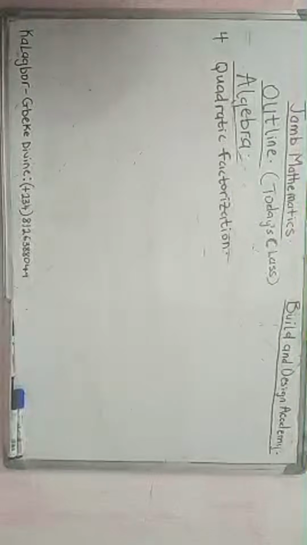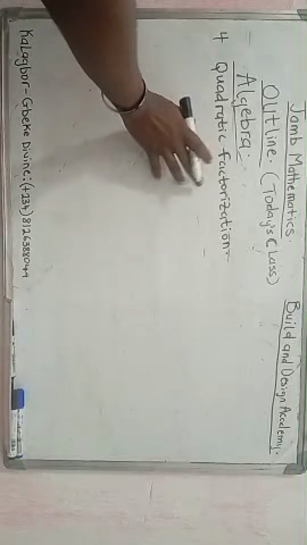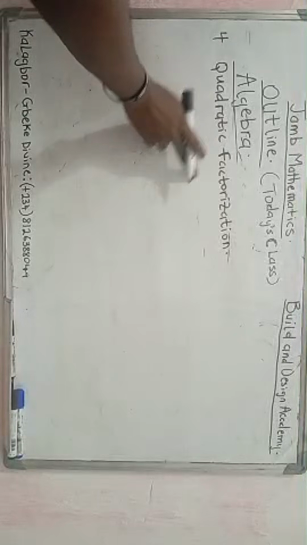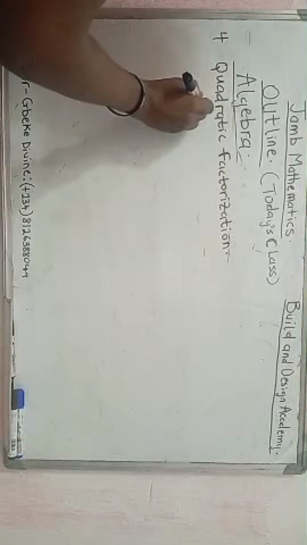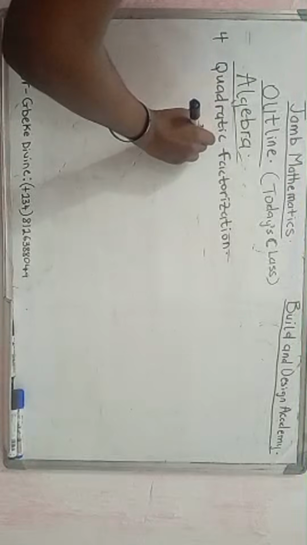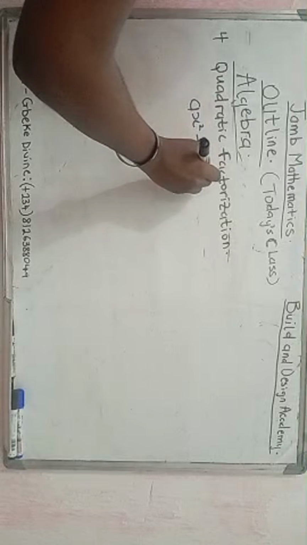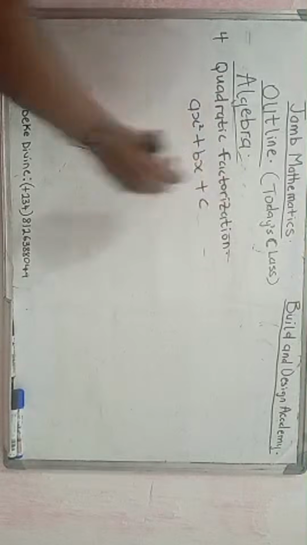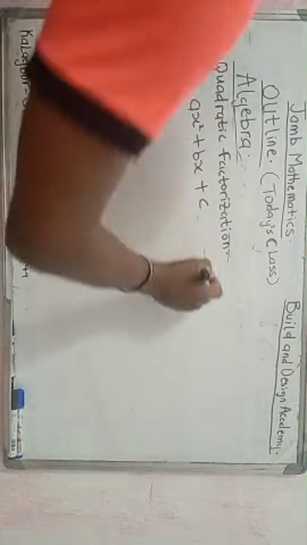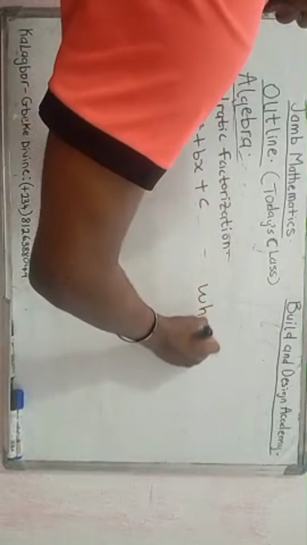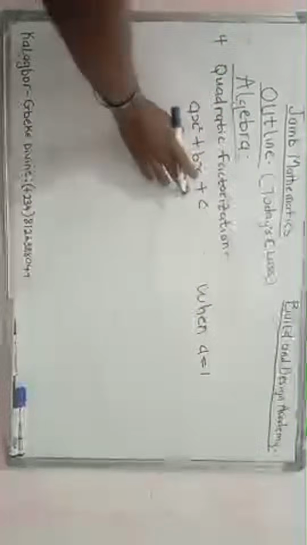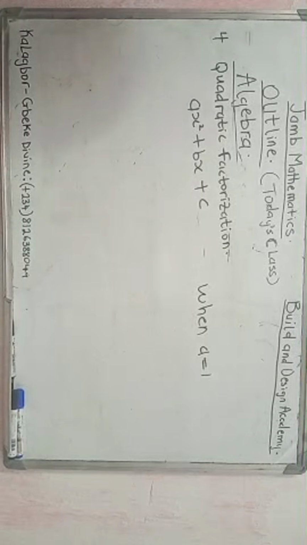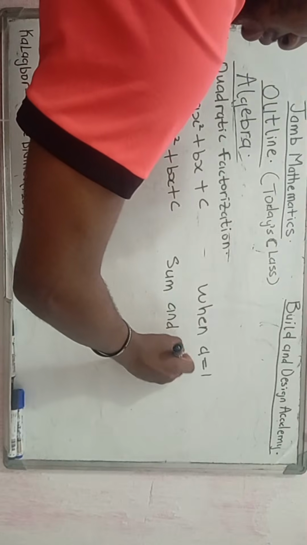So for quadratic factorization, the basic concept is very simple. A quadratic expression usually takes the form ax squared plus bx plus c. This is the form when a is equal to 1. Once you see this, you know that it's a quadratic factorization.